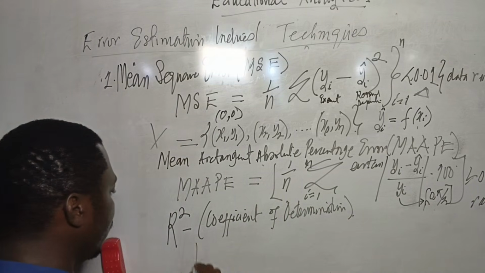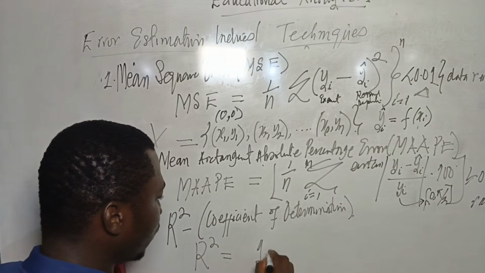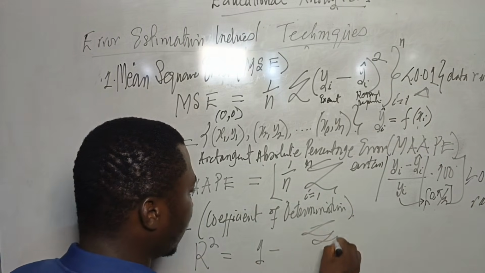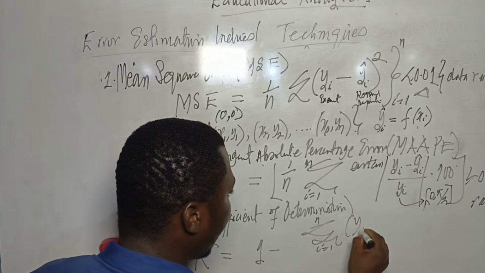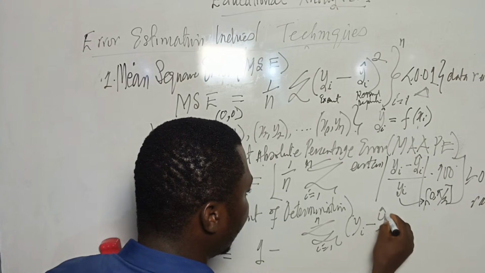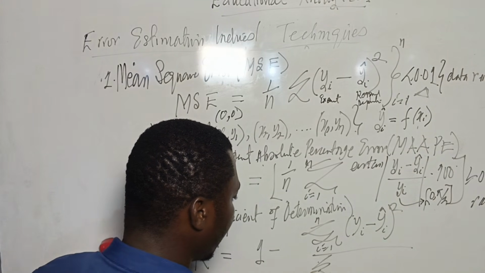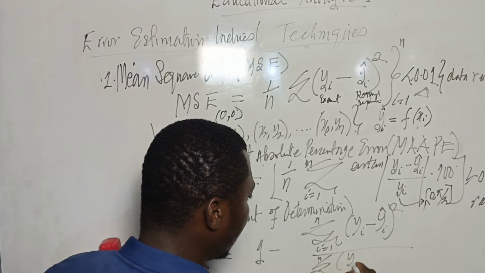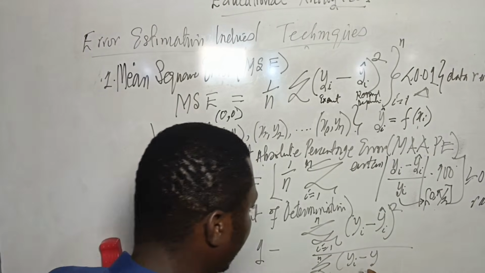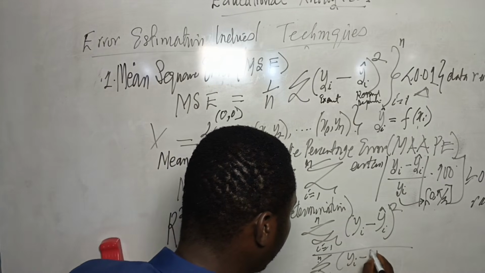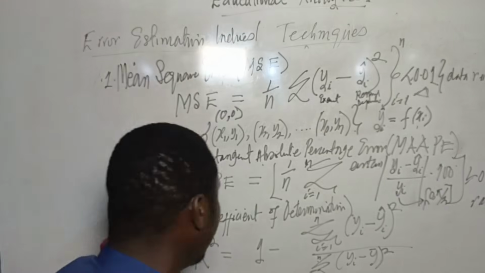So the R squared is defined as 1 minus the summation of i equals 1 to n of (yi minus yi caret) squared divided by the summation i equals 1 to n of (yi minus y bar) squared. Now you could see the difference in this case.